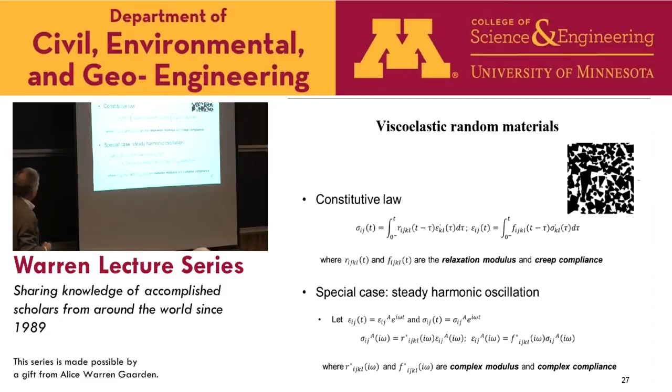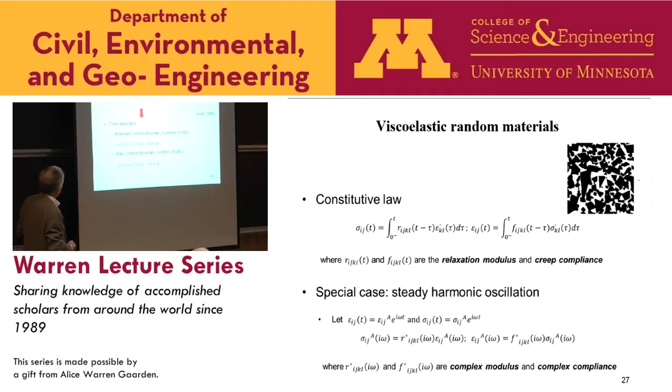So we write constitutive laws, say, for two-phase material like that, where there would be a difference between R function for black and R function for white, and so on. Or rather than working in time domain, I can map it and go into working in frequency domain, and ask the same question: what's the trend to RVE?